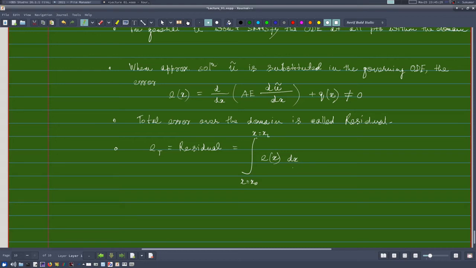So in order to avoid this cancellation of error, we multiply this residual by some weighing function. In that case, that weighted residual, I equate it to 0. I want that weighted total error to be 0. And that's why this method is also called weighted residual method.